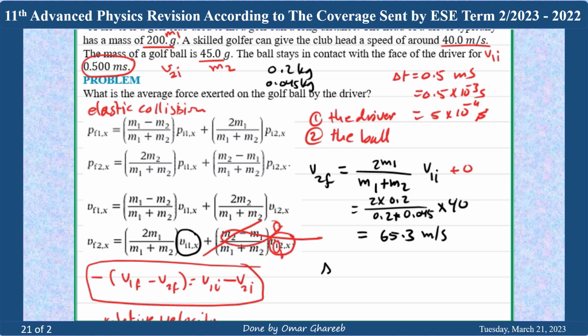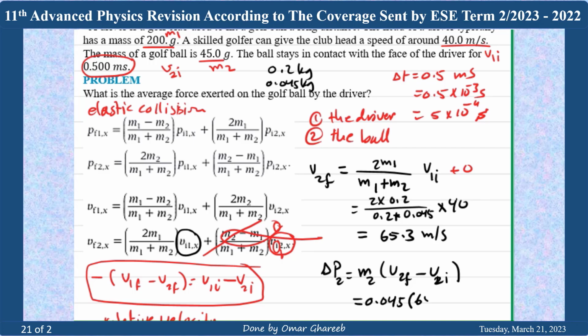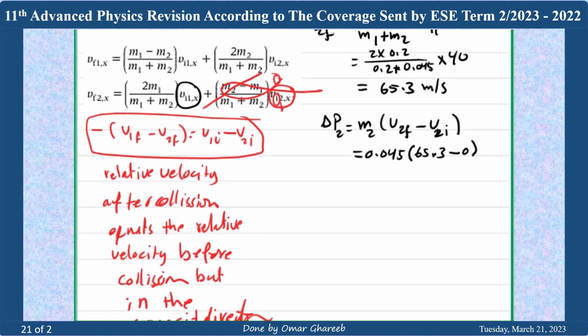Now try to find delta P for the ball. It is the mass times V final minus V initial. The mass of the ball is 0.045. V2 final is 65.3 minus 0. So 0.045 times 65.3 is 2.9385 newton seconds.